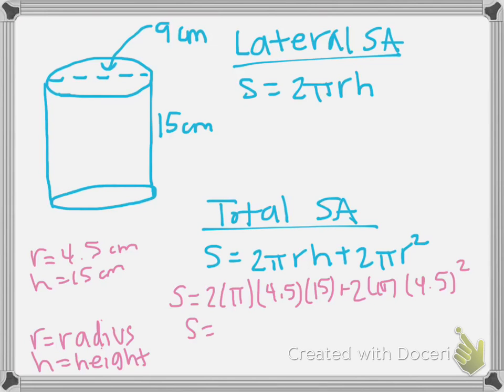And this will give me 457.1 centimeters squared. So cylinders are pretty straightforward.